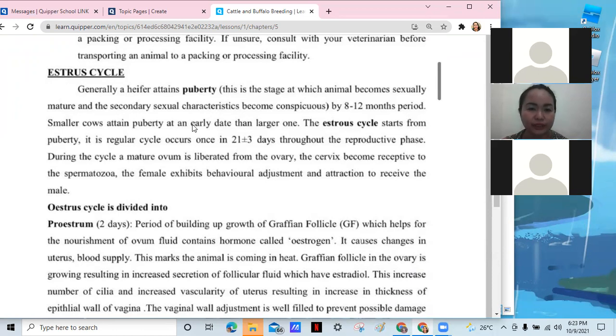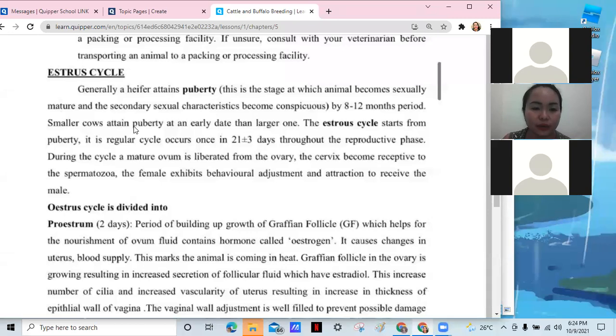of this is for cattle and buffalo. So generally yung heifer attains puberty, yung babae na nagdadalagang baka, no, becomes sexually matured and secondary sexual characteristics become conspicuous after 8 to 12 months from birth.